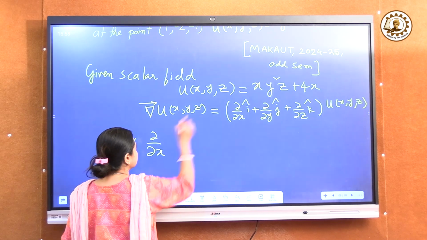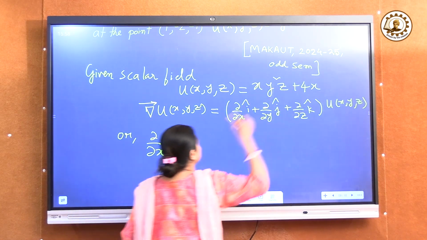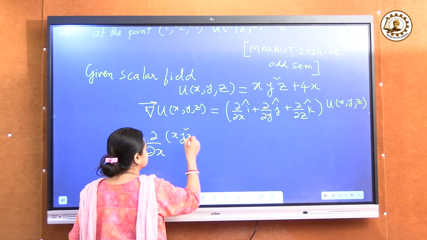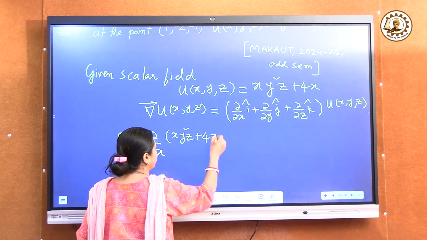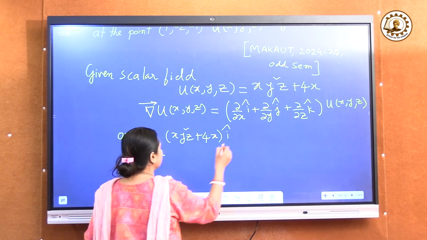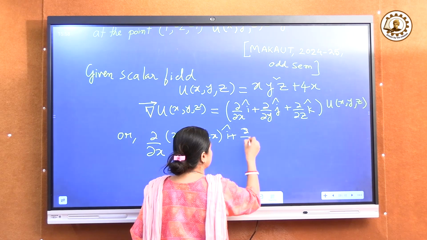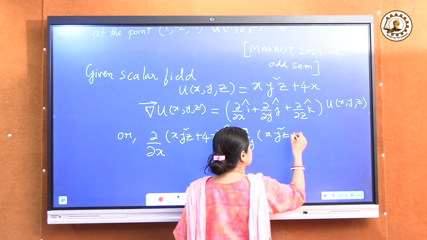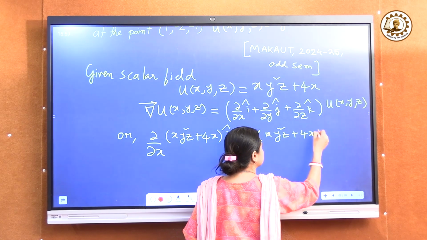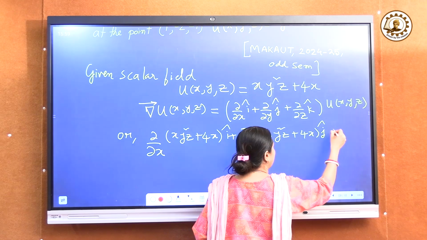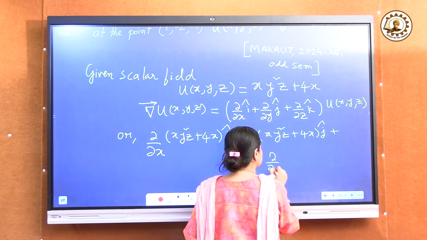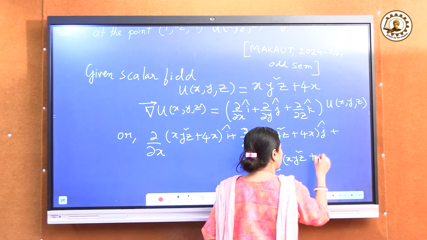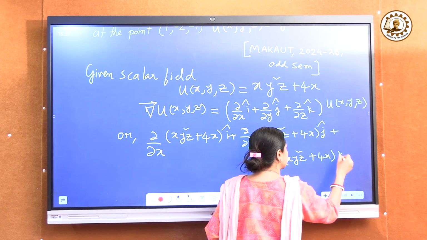I will take this given expression of the scalar field, that is, del x of (x y square z plus 4x) i cap plus del y of (x y square z plus 4x) j cap plus del z of (x y square z plus 4x) k cap.